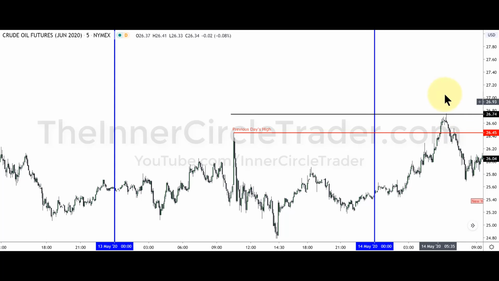Liquidity would rest above here, and likely run a deeper run above the previous day's high. That's what we're looking for. But the black line is specifically related to that daily pin bar or doji candle that would be deemed bearish from a retail level trader.